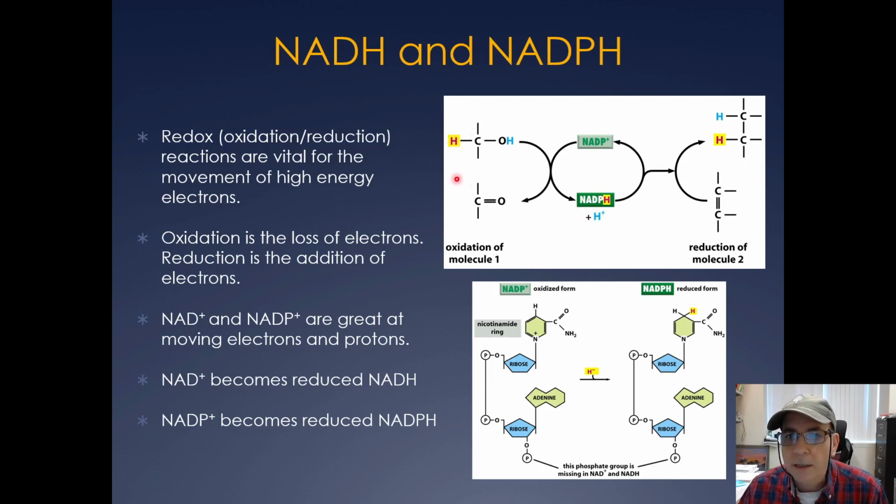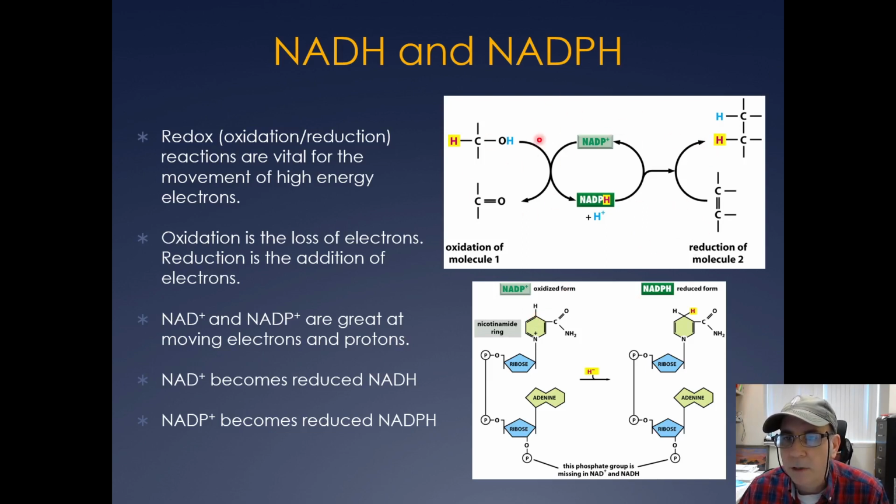You can oxidize molecule 1 here by taking oxidized NADP and stealing the electrons, so this becomes reduced NADPH. Then this NADPH can reduce this molecule and break this double bond and add a hydrogen to the end.